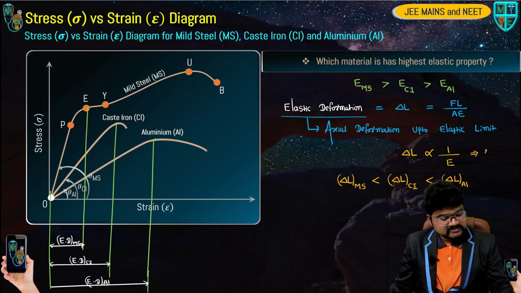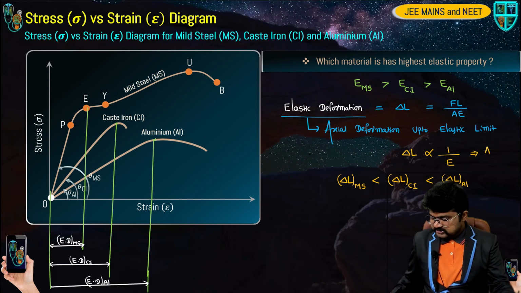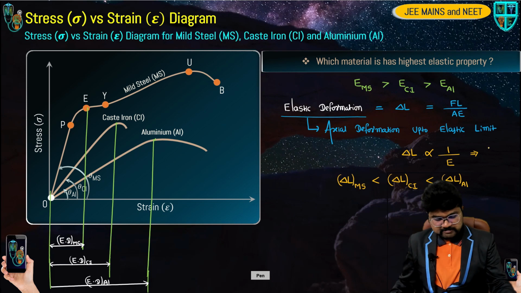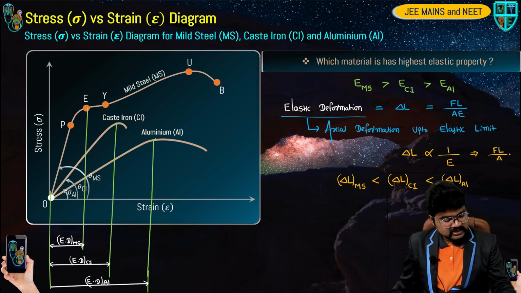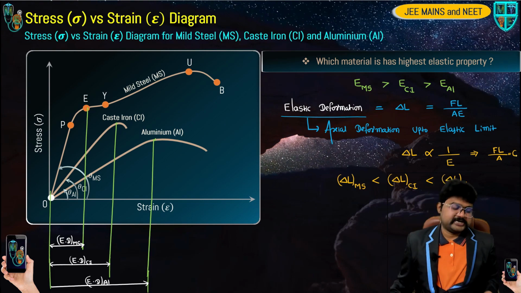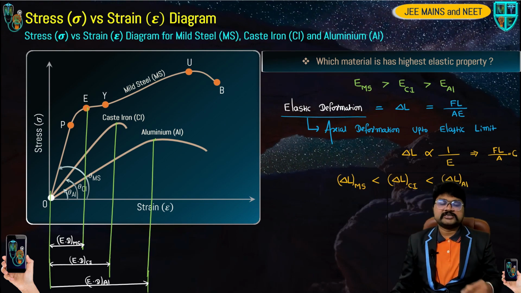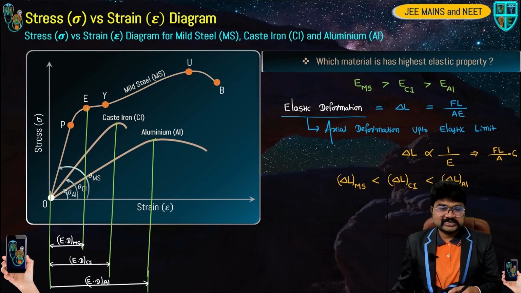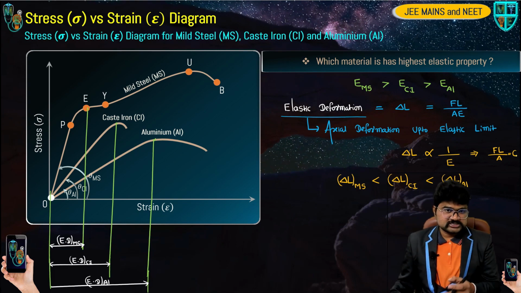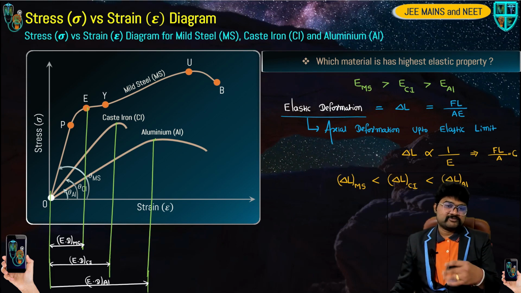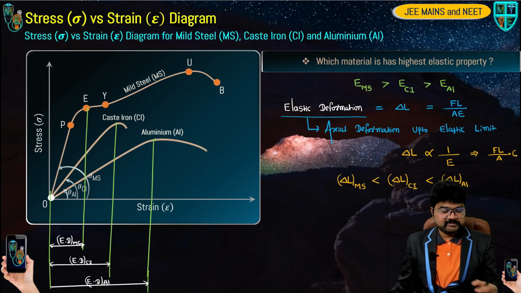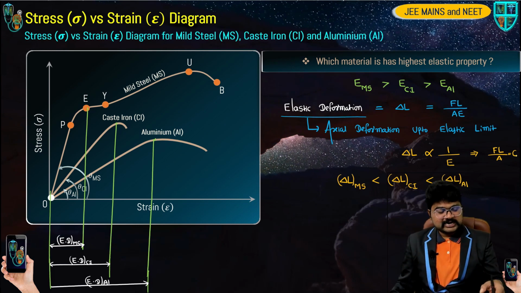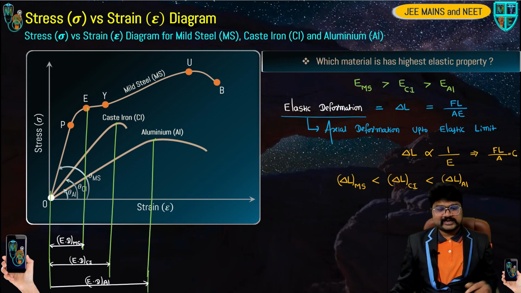This condition is valid when F L by A is constant: the same load is applied on the three specimens, the lengths of the three specimens are the same, and the area of cross section of the mild steel, cast iron and aluminium is the same. In that case, you can directly write delta L like this.